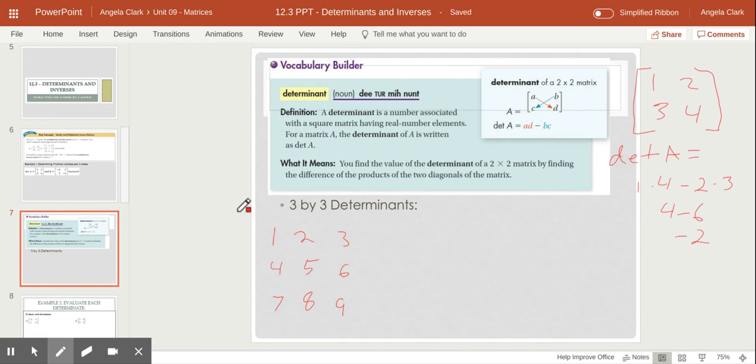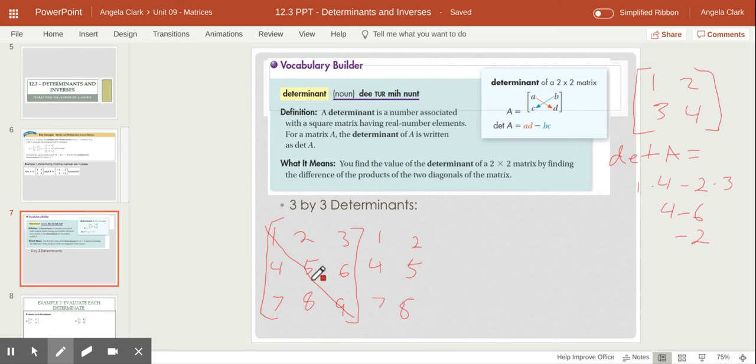I'm going to write out the first 2 columns again: 1, 4, 7, 2, 5, 8. I'm going to use that to help me find the determinant. So I'm going to multiply this diagonal first. Just like we did diagonals before, we're going to be doing diagonals here. They're just going to be more of them.